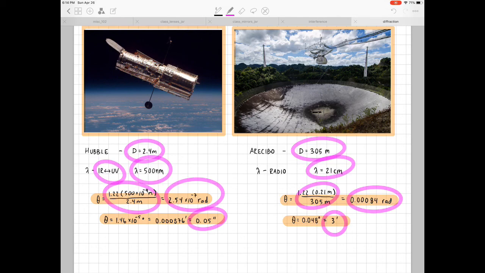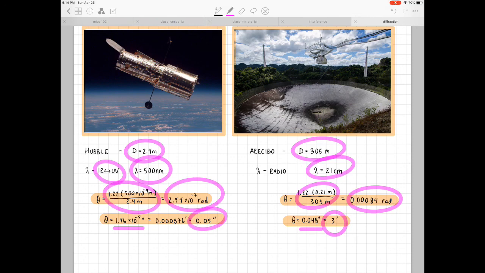Or if you want to look at the degrees, about 1.5 times 10 to the minus 5 degrees for the Hubble Space Telescope, and about 0.05 degrees for the Arecibo telescope. The point being that the Hubble Space Telescope, even though the mirror diameter is incredibly small compared to Arecibo, has an angular resolution that is orders of magnitude higher, and that's because the wavelength of light that the Hubble Space Telescope observes is significantly shorter than the wavelengths that the Arecibo telescope is used to observe.